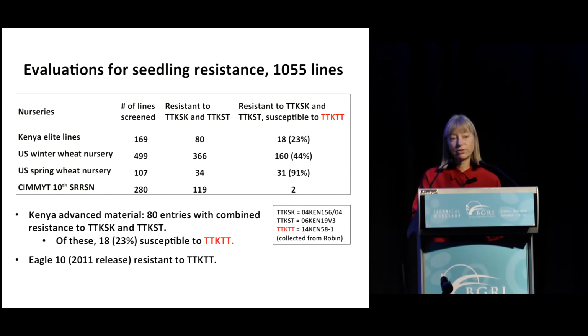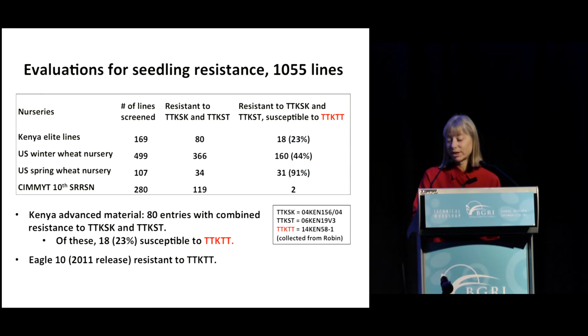The first column is the total number of lines screened for each nursery, and next are the number of entries that had combined resistance to TTKSK and TTKST. And then the numbers are shown, out of those with the combined resistance, the number that are susceptible to TTKTT, the new race.